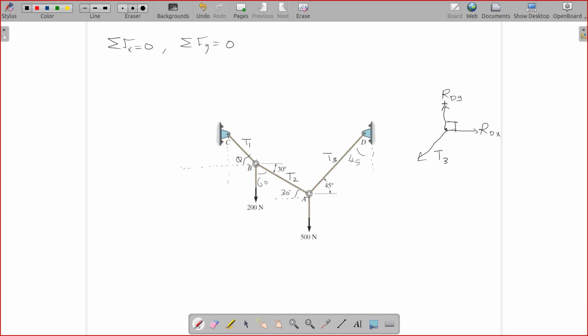So how do you know that RDY is upward or RDX is toward right? It's possible to guess that from here, but you don't need to guess that. You can take arbitrary direction. You can take either left or right. Once you solve the system, if you get positive value for your unknown, you will say that your initial guess was right, and that is the correct direction. Otherwise, you will reverse the direction.